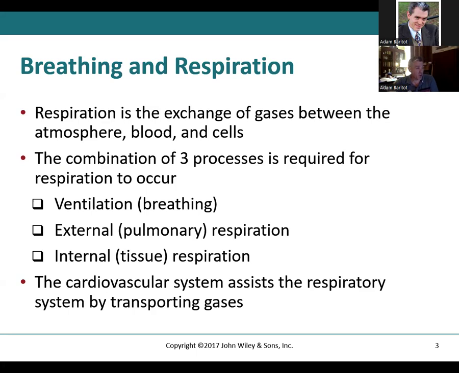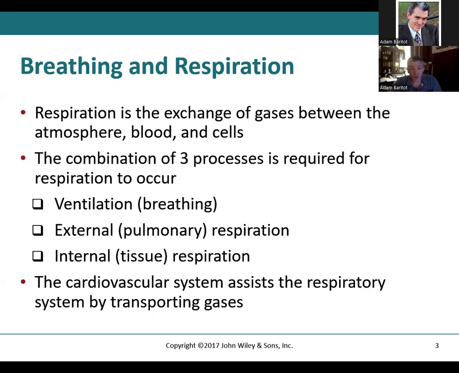The combination of three processes is required for respiration to occur. Number one, ventilation. That is the intake of the outer atmosphere, the intake of oxygen. Within our lungs, we will have pulmonary respiration, which is that initial exchange of gases. Oxygen coming into our bloodstream, carbon dioxide leaving our bloodstream.